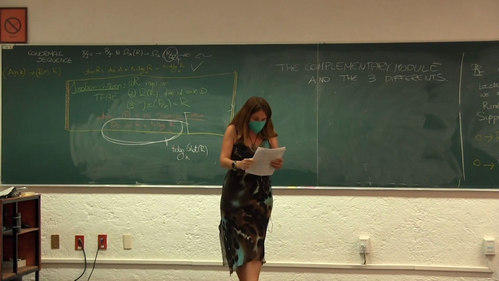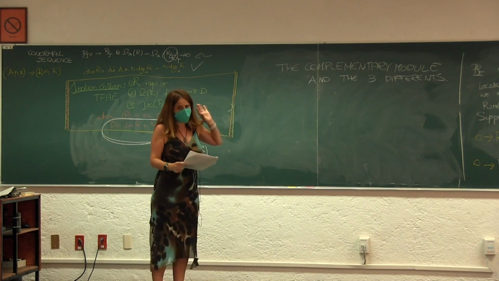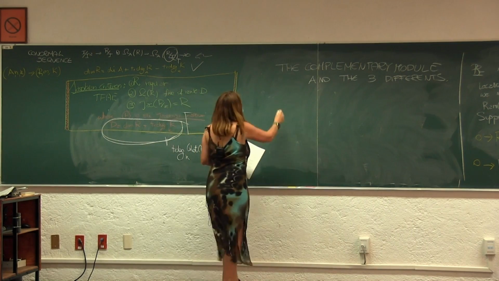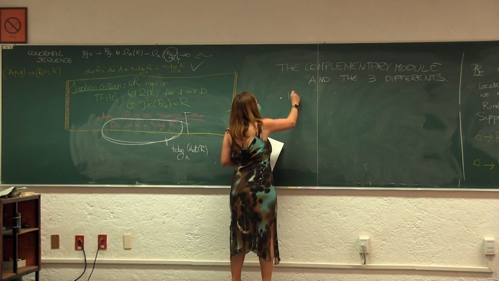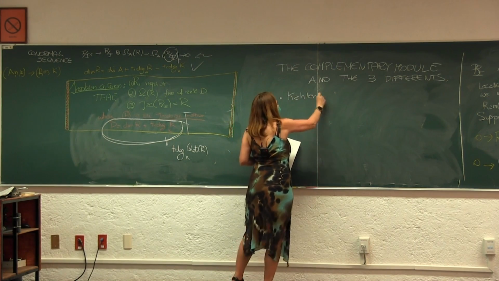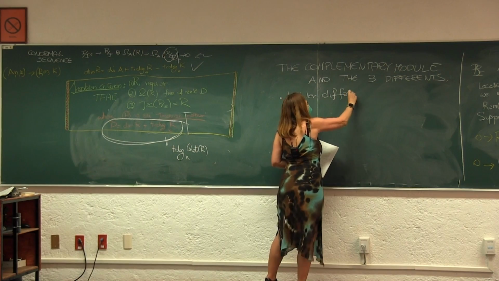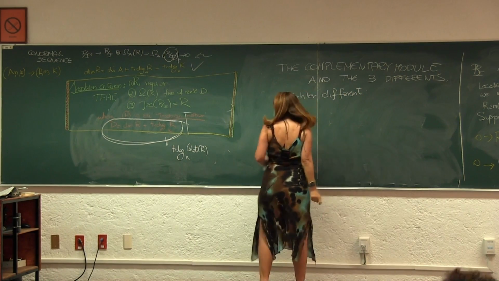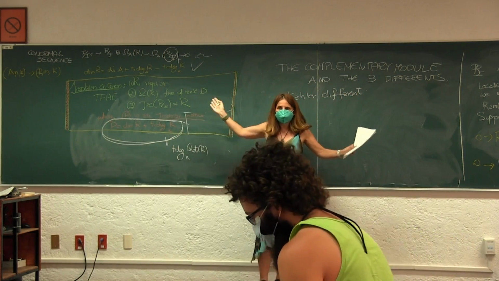Okay, so before I go on, let me tell you where I want to get to. We already defined one guy, which was the Taylor different. This was very easy, defined in the usual setting.